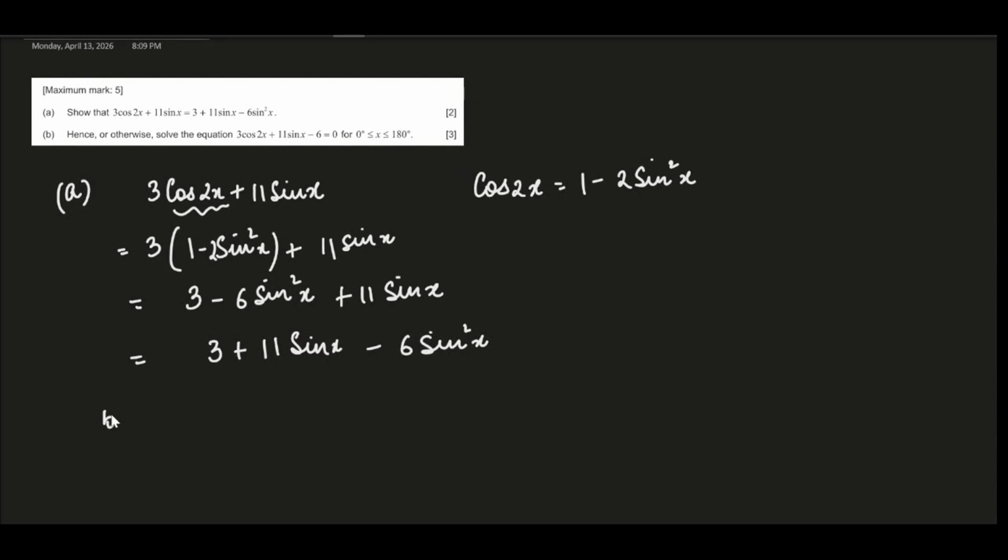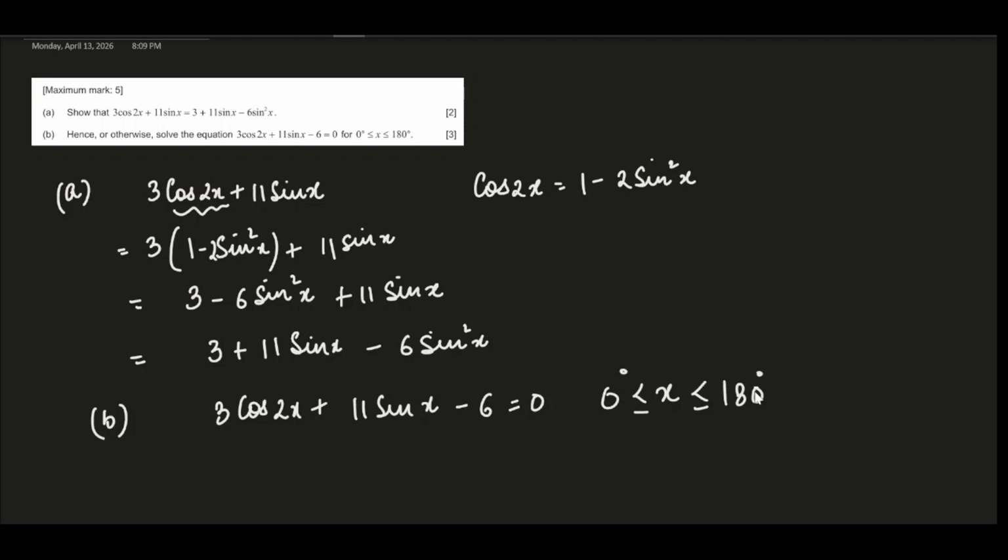Okay, so the second part is that there's an equation given to us, which is 3 cos of 2x plus 11 sin x minus 6 equals 0, and we have to solve this equation for x between 0 degrees and 180 degrees, where 0 and 180 are included.